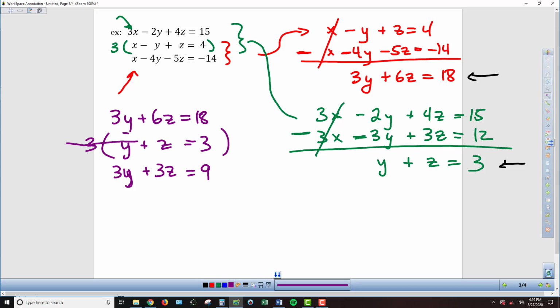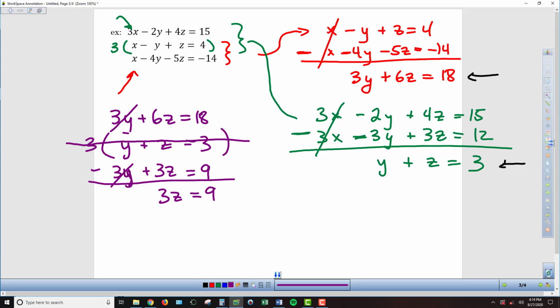I'm just going to lightly draw a line through that so we can kind of ignore that. And so now I'm going to subtract this top equation minus the bottom one because that's going to get rid of the y's. So my y's cancel out. I've got 6z minus 3z is 3z, and then 18 minus 9 is 9.